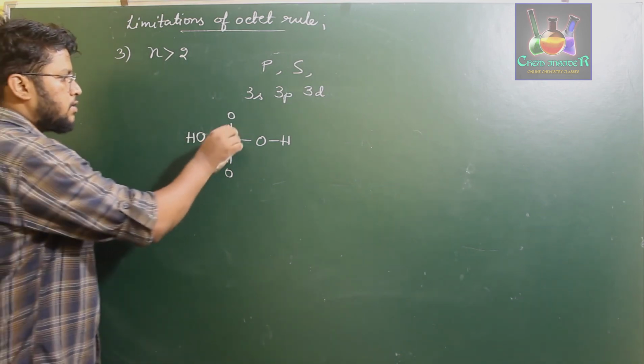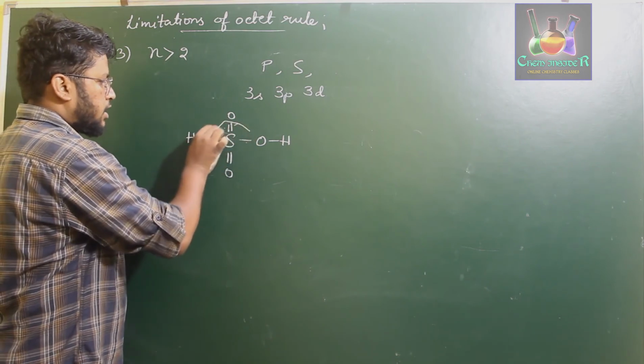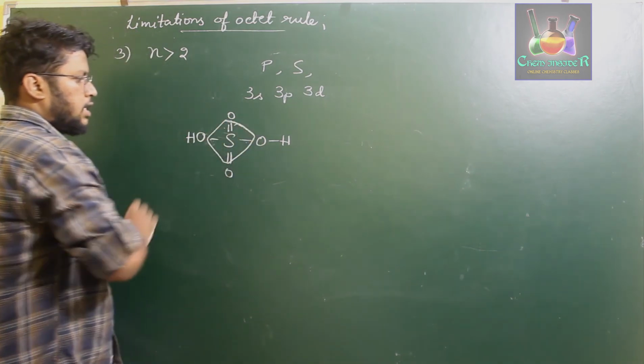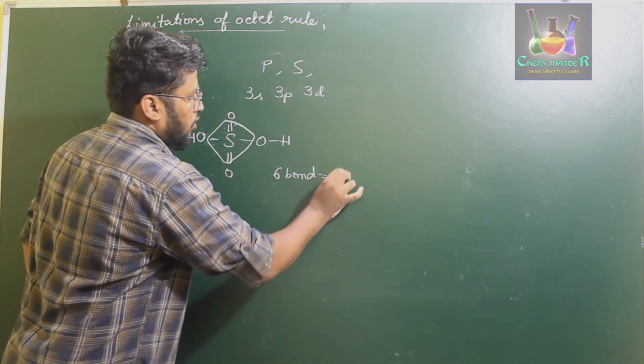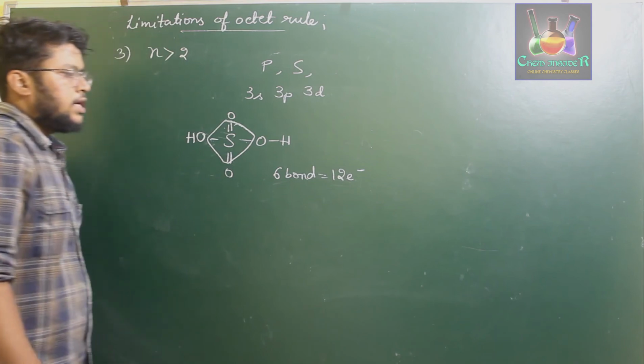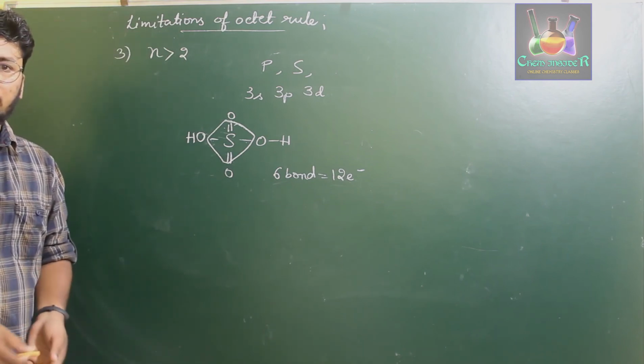That is because, see, 1, 2, 3, 4, 5, 6. Sulfur has 6 bonds. These 6 bonds clearly show that 6 bonds means 12 electrons. So sulfur is carrying 12 electrons, but actually it was supposed to carry a maximum of 8 electrons according to the octet rule.